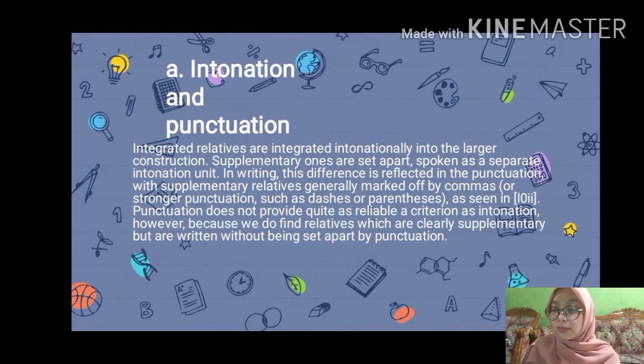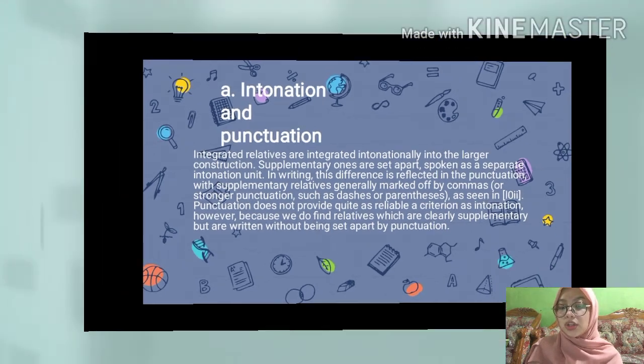Punctuation does not provide quite as reliable a criterion as intonation, however, because we do find relatives which are clearly supplementary but are written without being set apart by punctuation.